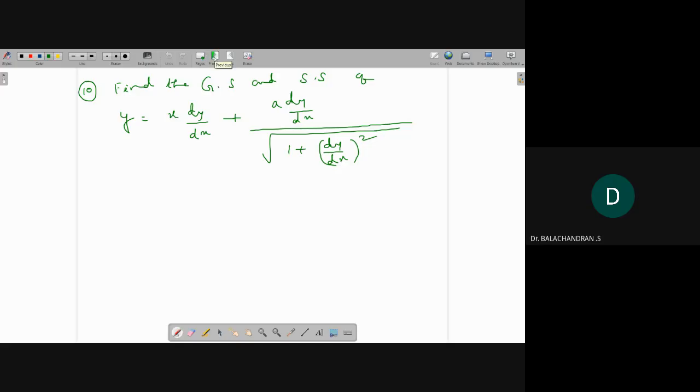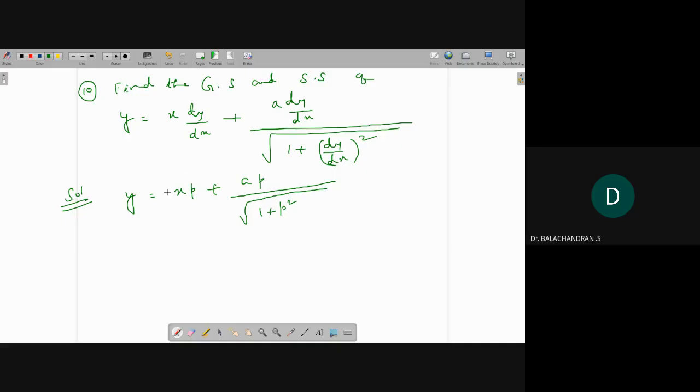For the 10th problem, y is equal to x into dy by dx plus a into dy by dx divided by root of dy by dx whole square. Okay, otherwise I'll start slowly. So y is equal to xp plus ap divided by root of 1 plus p square. So you should write in the short form.